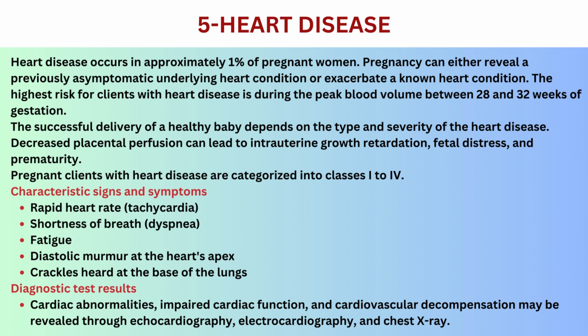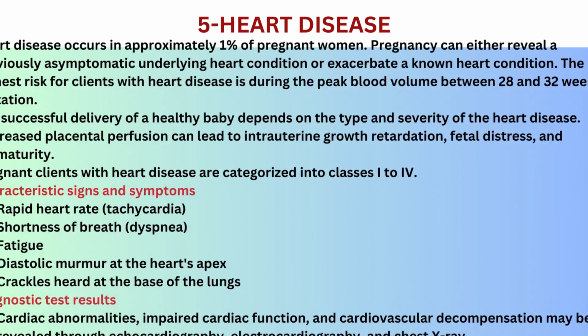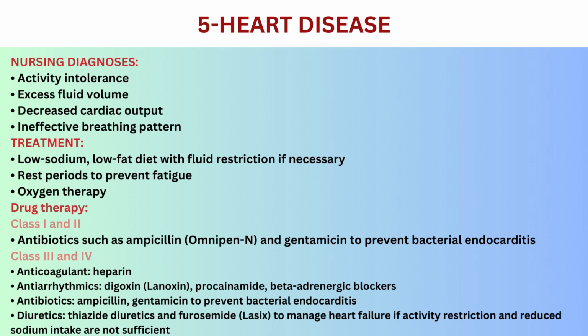The diagnostic test results: cardiac abnormalities, impaired cardiac function, and cardiovascular decompensation may be revealed through echocardiography, electrocardiography, and chest X-ray. The nursing diagnoses: activity intolerance, excess fluid volume, decreased cardiac output, and ineffective breathing pattern.